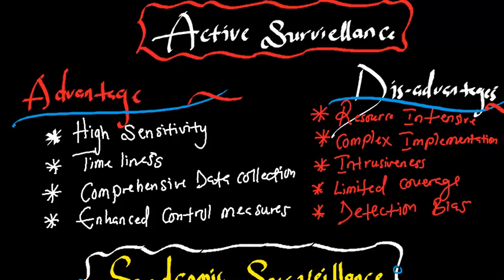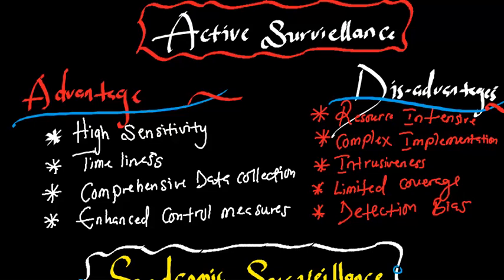Let's see the advantages and the disadvantages of active surveillance. The first advantages we have are high sensitivity, timeliness, comprehensive data collection, enhanced control measures. What about the disadvantages? We have resource intensive, complex implementation, intrusiveness, limited coverage, detection bias.